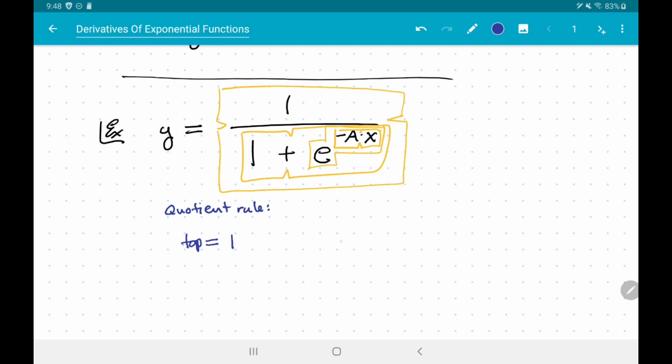So here we go. Top is 1, and the bottom is 1 plus e to the negative a times x. Derivative of the top is easy. What is the derivative of 1? 0, because 1 is just a constant.